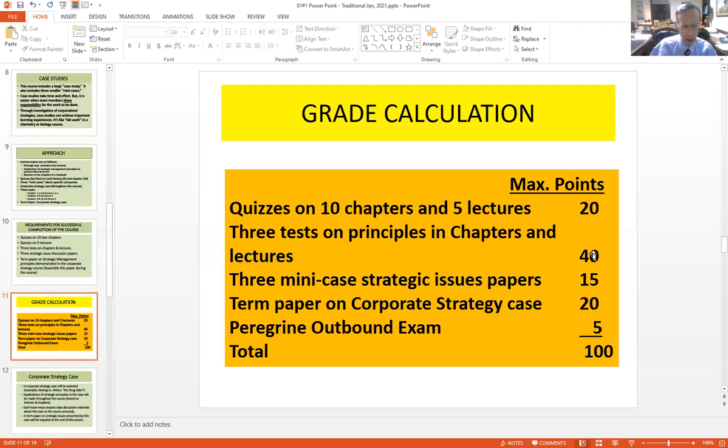Now, there is an issue that we need to talk about, and it's the Peregrine test, what's it called, the exit test. I have no authority to change this. This is a requirement of the Tillman School of Business, and it's really not meant to test you or to evaluate your knowledge.